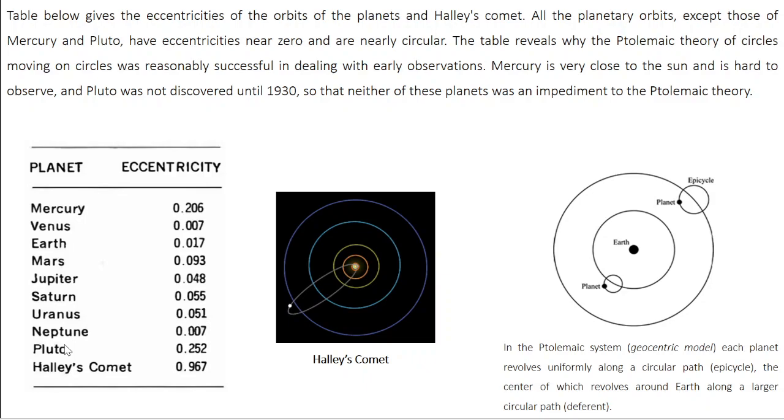Now, if you look at the history of astrophysics, there was an Egyptian astrologer known as Claudius Ptolemy who made a proposition in the 2nd century that all the planets move around Earth in circular orbits. So this was the early days of astrophysics, and this model is known as the geocentric model.